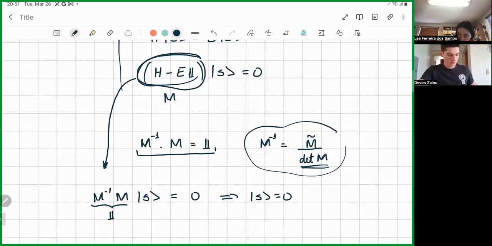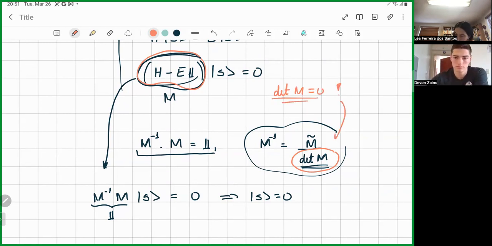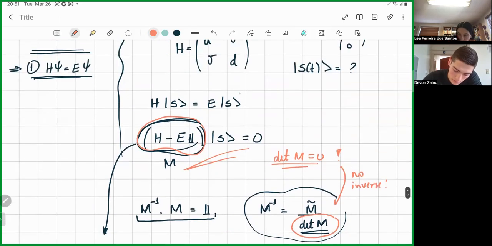So this whole matrix here cannot have an inverse, meaning the determinant of this matrix has to be 0. If the determinant of that matrix is 0, good, because there is no inverse, and I'll be able to solve Schrödinger's equation.